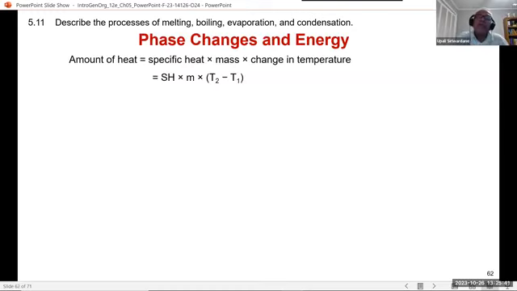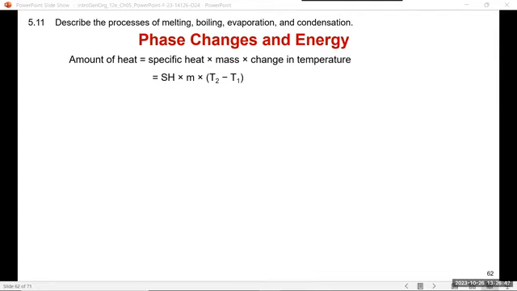Okay, we're going to look into phase changes and energy changes when the phase changes take place. Normally the phase changes are associated with, can you see my slides? Yes. Okay. We're going to look into phase changes.